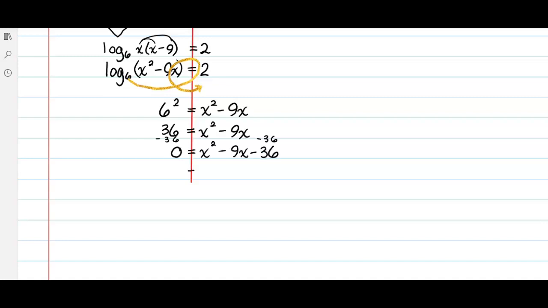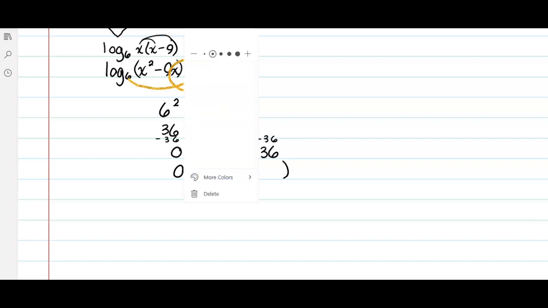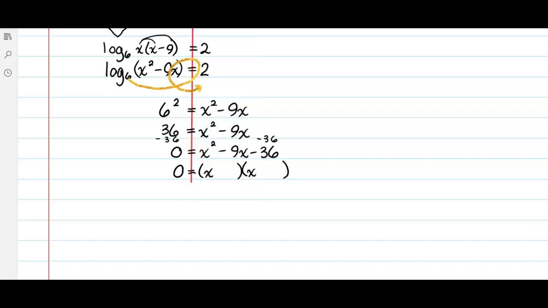We can solve quadratics with a variety of methods. This one is easily solved by simply factoring, by saying what multiplies to give me negative 36 and adds to give me -9, or combines. 1 and -36, 2 and -18, 3 and -12, 4 and -9, 6 and -6.